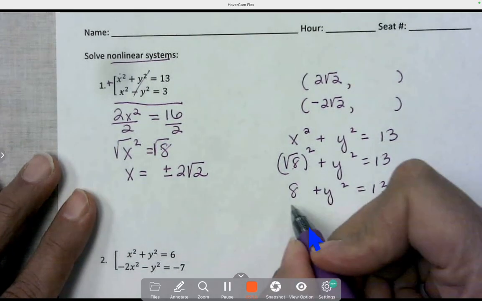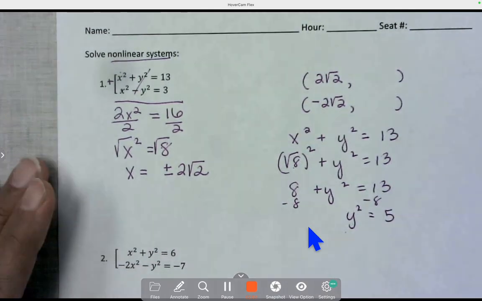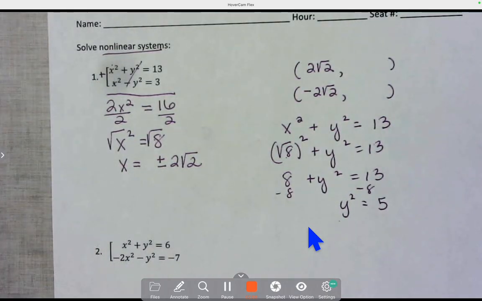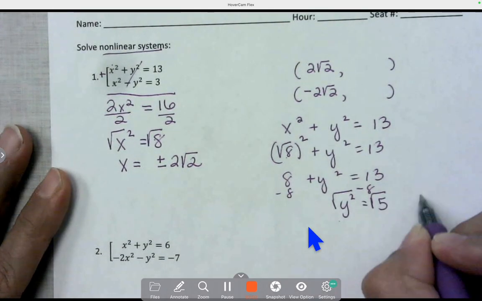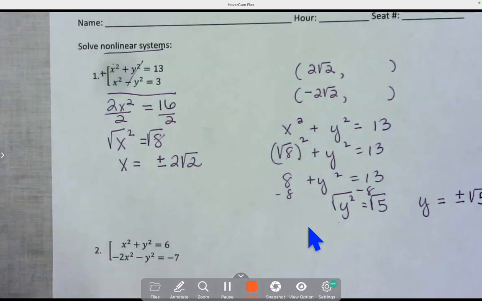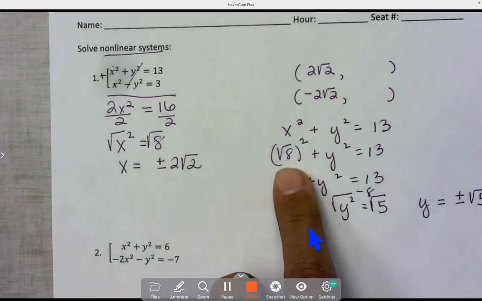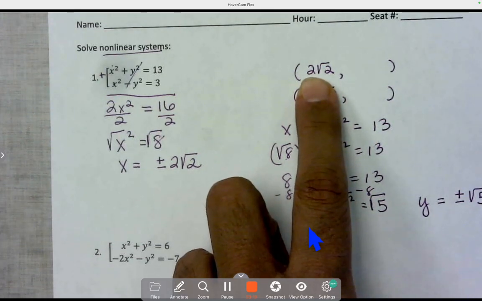We'll subtract both sides by 8, and y squared equals 5. And now we square root both sides, and y equals plus or minus square root of 5. Remember, whenever you square root both sides, you have a plus or a minus. So now, when I plugged in a positive square root of 8, which is a positive 2 square root of 2, I get two answers.